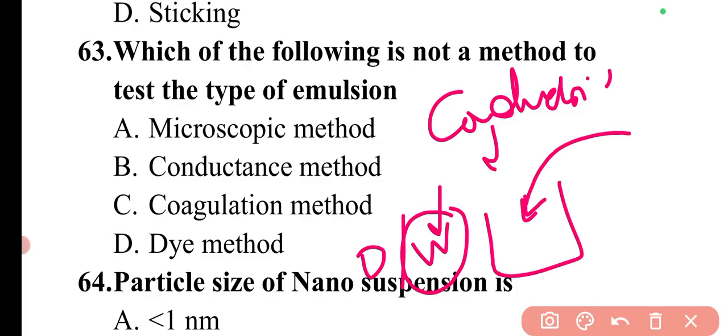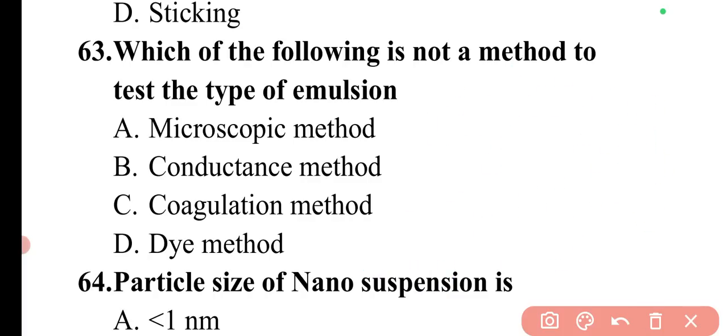If the bulb does not glow, it is water in oil, because then oil is in the continuous phase, and that will not conduct electricity. So these are the main tests.